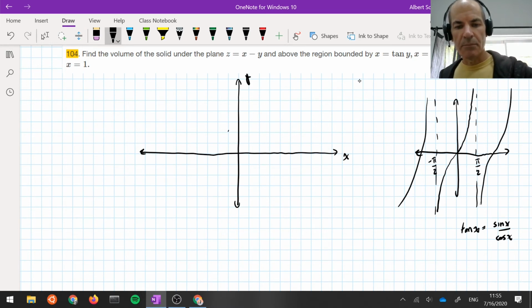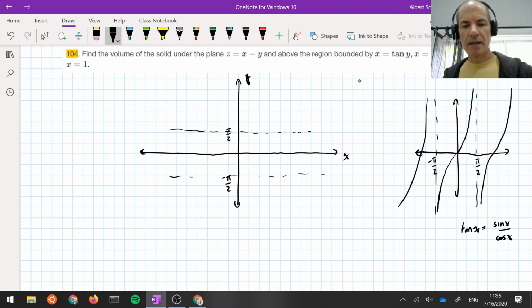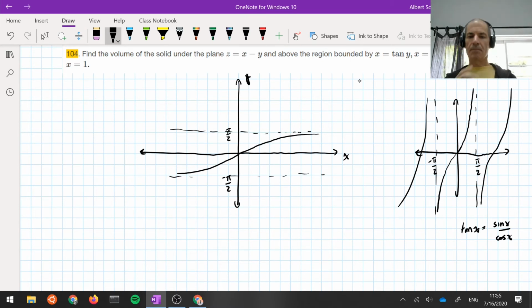So I'm going to put my pi over 2 here, and put an asymptote here, and put a minus pi over 2 down here, and an asymptote here. And I'm going to then recognize that x equals tan y is just this middle curve over here translated onto its horizontal form.